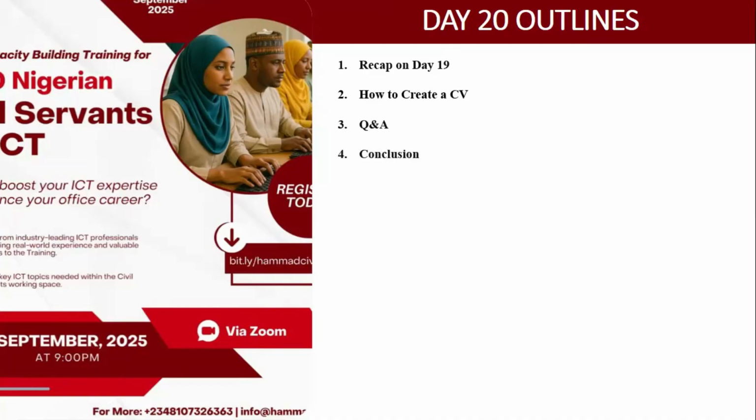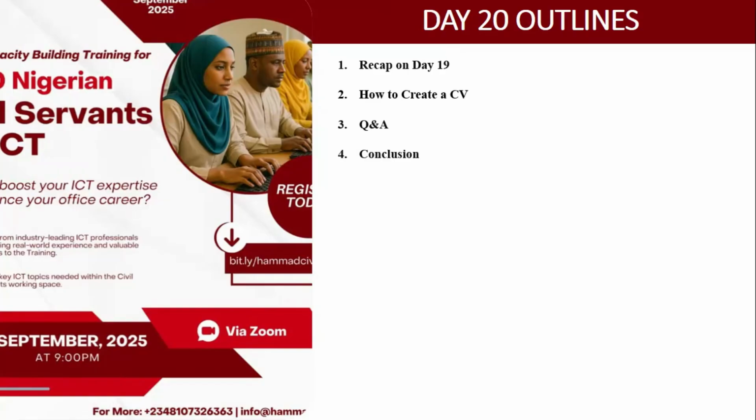So I will give the session objectives for today, which I believe by the end of this session, participants should be able to explain what a CV is and also identify how important a CV is. Then we should be able to distinguish between the basic different types of CVs.